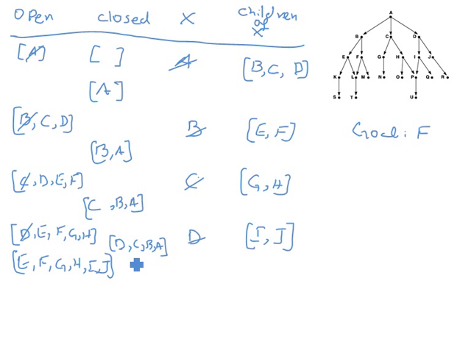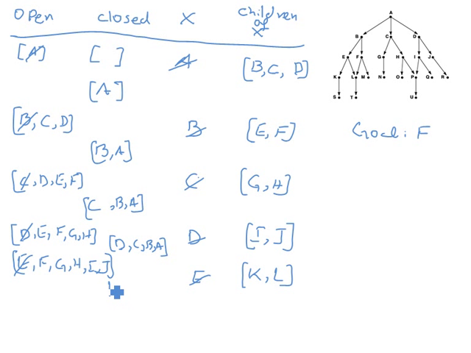Okay, now we are again at the end of our loop, and what we need to do is check the leftmost element in our open, put it in X here, and generate the children of E, which would be K and L. Okay, so we will put E on closed.